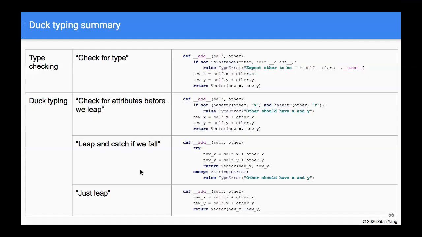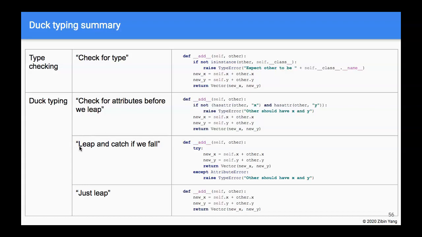So as a summary of what we just talked about, for this __add__ method, especially in terms of what we do when there's an invalid operand in the other parameter. The first one is the traditional type checking using isinstance and raise an error if it's the wrong type. Now, the next 3 approaches are all duck typing approaches. The first one is, let's check the attribute using hasattr and raise the type error if we don't have the expected attributes.